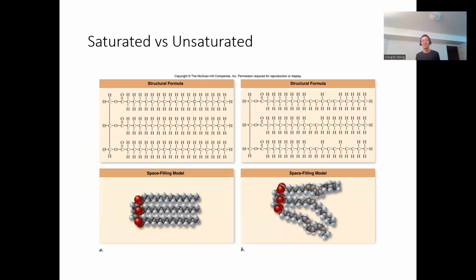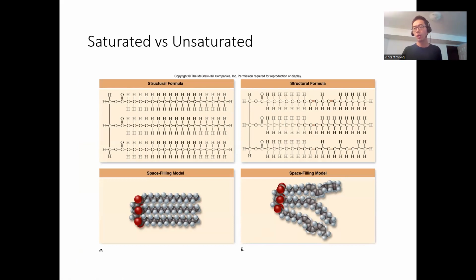Okay, moving along. We have another slide here. Take a look at the picture. One of them is saturated and one of them is unsaturated. I'm going to launch a poll, and you tell me which one is saturated. We have A on the left and B on the right.